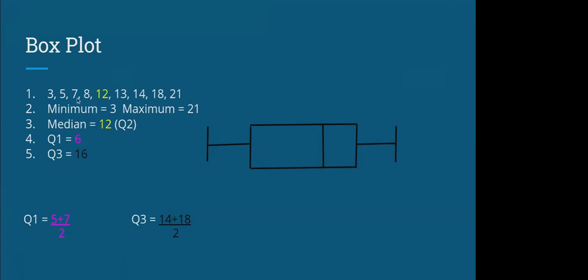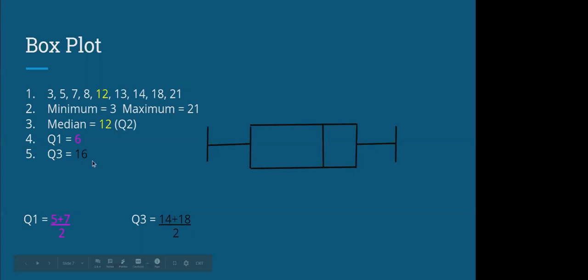What you did to the lower half, you will then do to the upper half. Same thing, there are 4 terms. So we take the middle 2, 14 and 18, which is 32. 32 divided by 2 is 16.